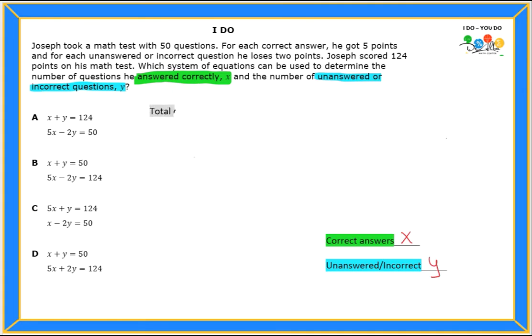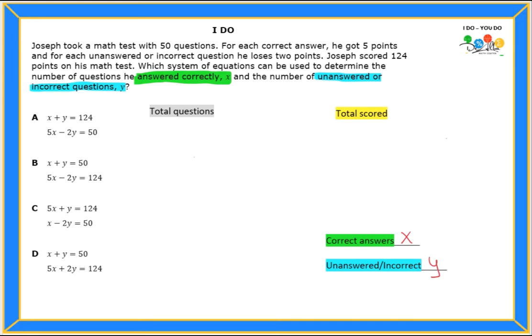Okay, so I am gonna write down, and I'm gonna suggest you do the same thing. My first equation is gonna have to do with the total questions, and the second one is gonna be with the total score or the grade that he gets. Okay, so very important that we see that.